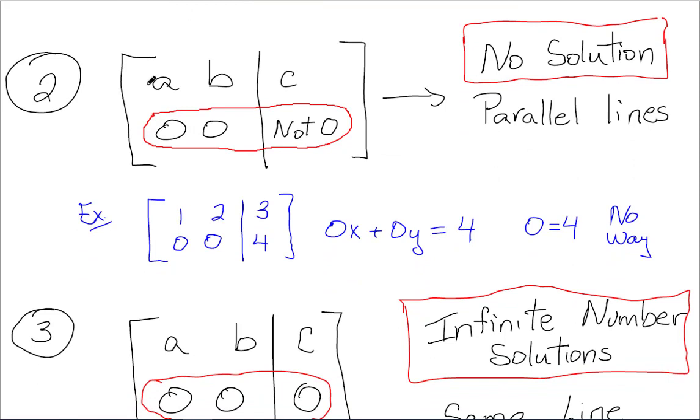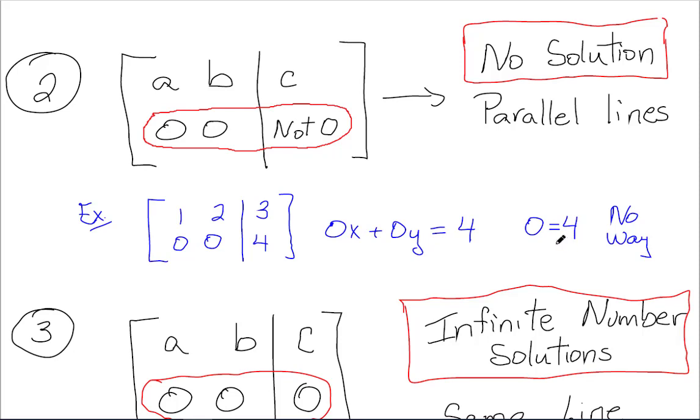But two other possibilities do exist. We could, when we try to solve our matrix, get a row where I've got 0, 0, and something that ends up not being 0. For example, let's say I had 1, 2, 3, 0, 0, 4. Well, that would mean 0x plus 0y is equal to 4. Well, the left-hand side is 0, so 0 equals 4. Well, that's not possible.